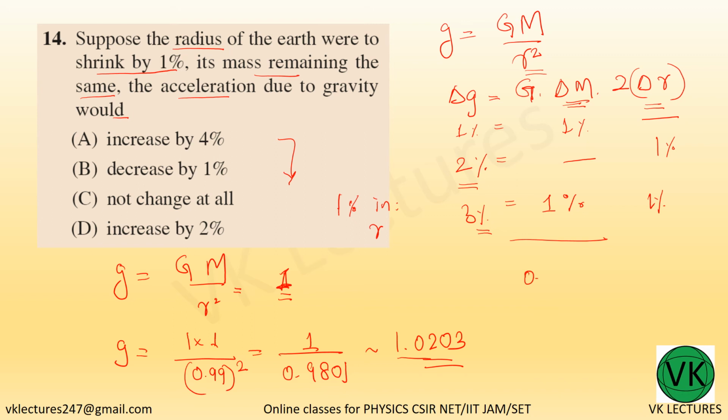What is the change? 0.0203, the change with respect to 1. So what is the percentage change? Just multiply by 100, so it will be 2.03%. So it is increasing by 2%. Now how do we say it is increasing? Because it is inversely proportional.